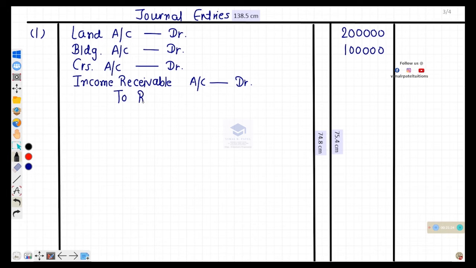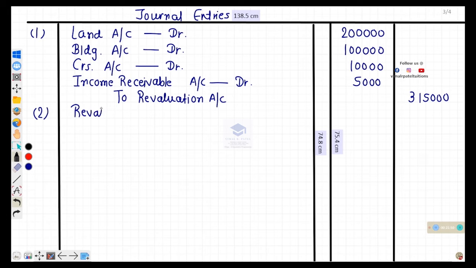To, then all effect of the debit side. Revaluation account debited.